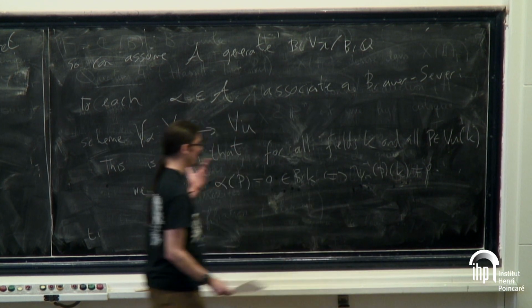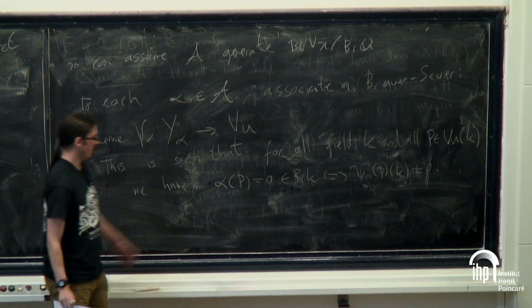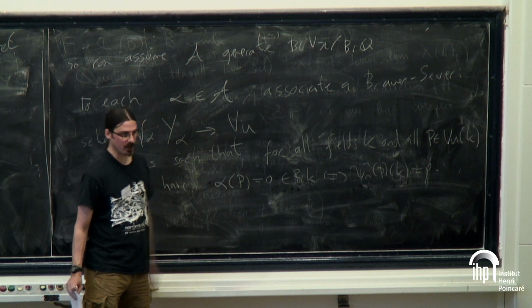So I'm going to use these Brauer-Severi schemes to detect whether my Brauer group elements are evaluating trivially or not.